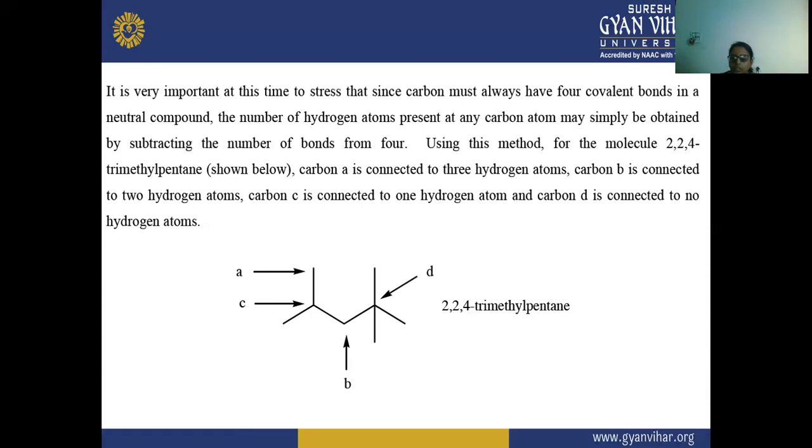As you can see in this structure, carbon A is connected to only 1 carbon atom. That is why it has 3 hydrogen atoms. B is connected to 2 carbon atoms, so it has 2 hydrogen atoms. C is connected to 3 carbon atoms, so it has 1 hydrogen atom. And D is not connected to any hydrogen atom. Its name is 2,2,4-trimethylpentane.